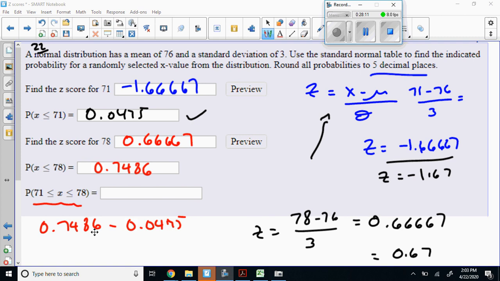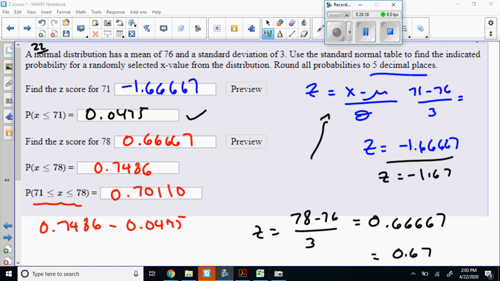So 0.7486 minus 0.0475, and we get 0.7011. And the next digit is a 0, so I'm not worried about it. Okay. I guess I could put it to there. That's 5 places, right? All right.